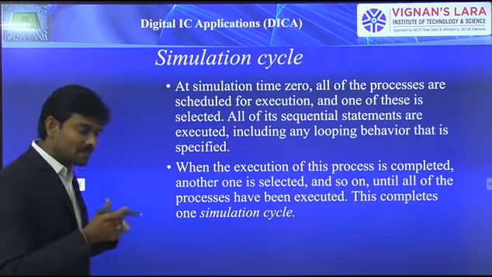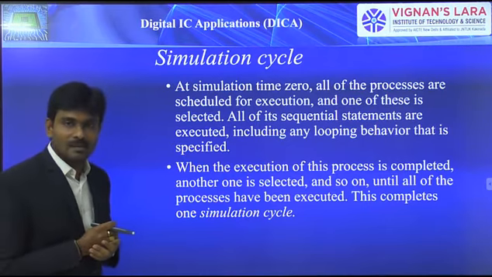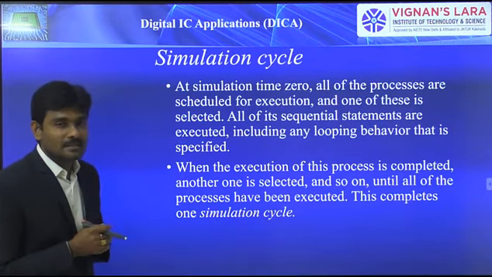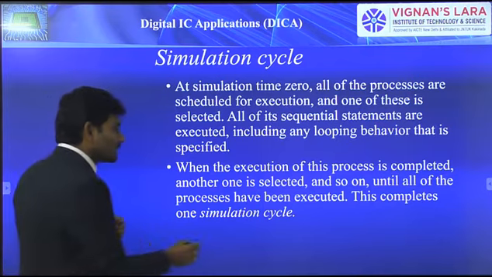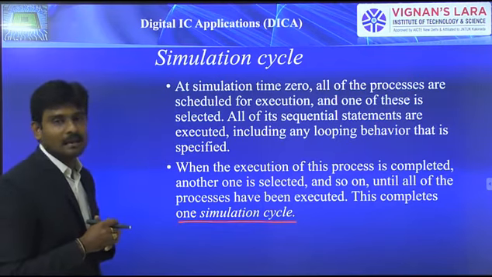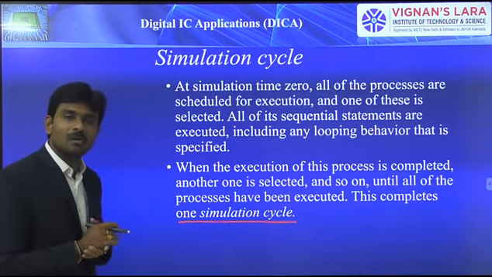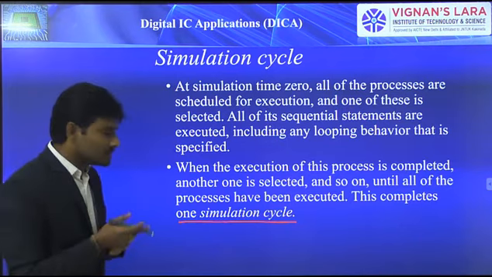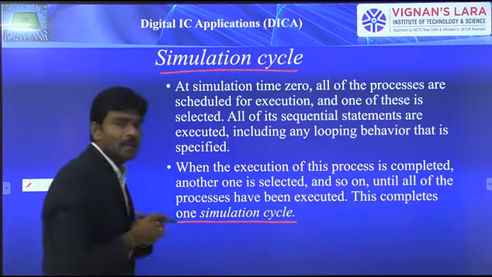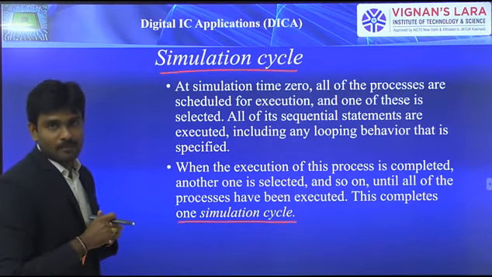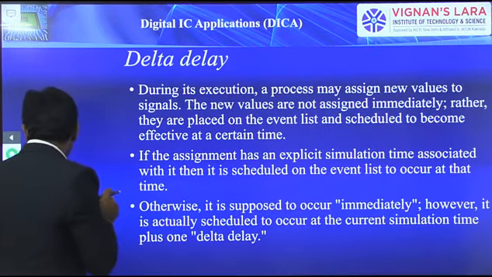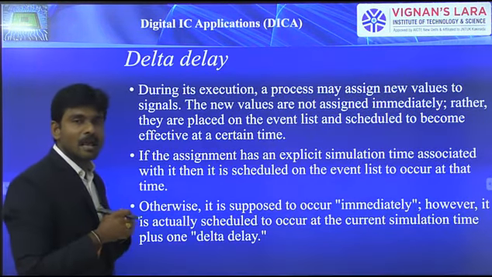By completing all those process statements, we can say one simulation cycle is completed. If it goes through all the process statements once, then one simulation cycle is completed. Then, after completion of execution of all the processes once, what happens next?